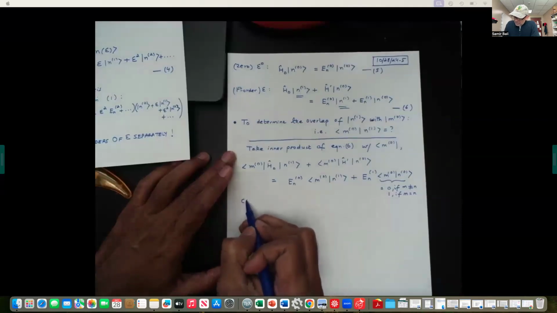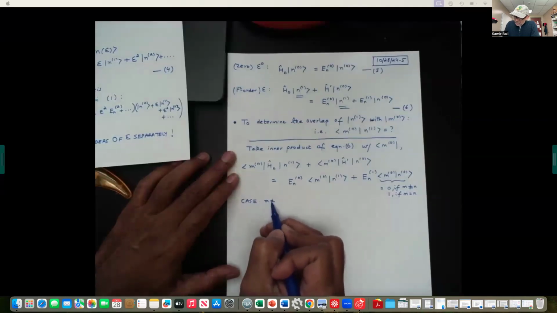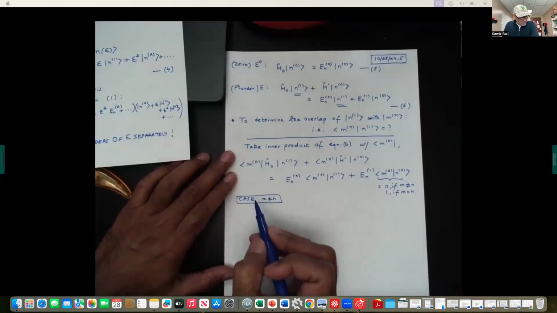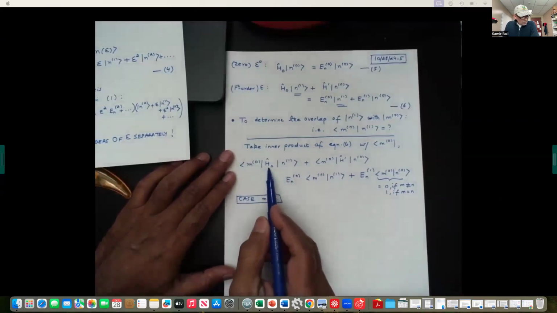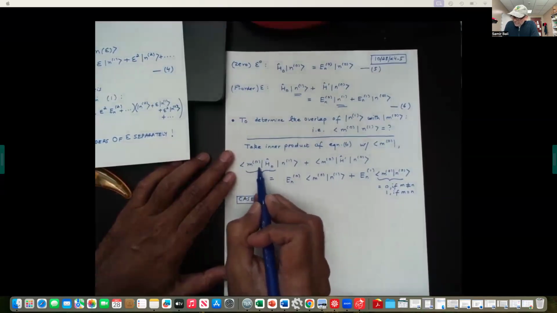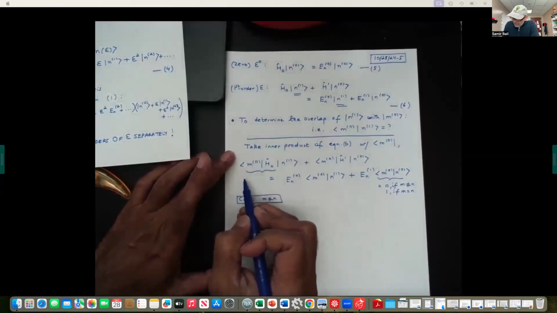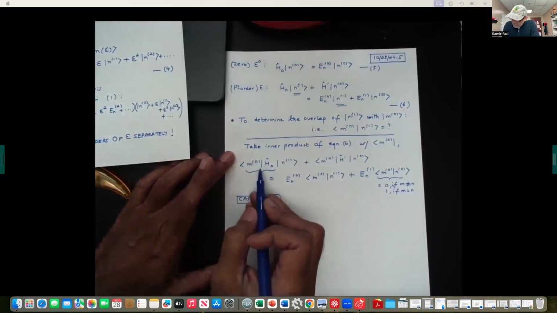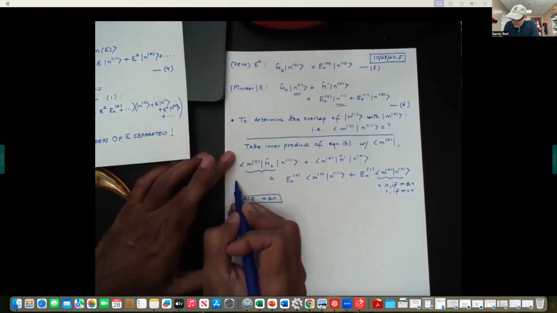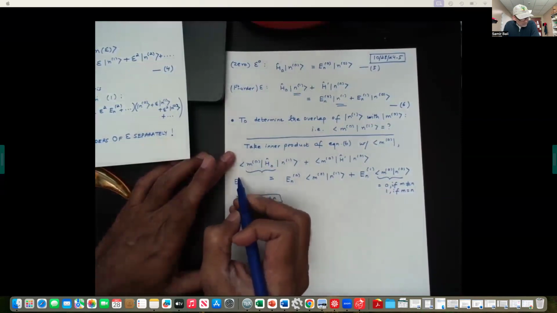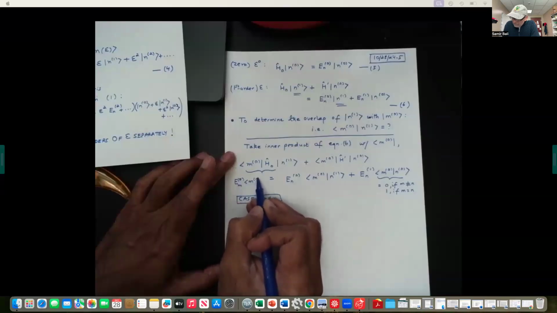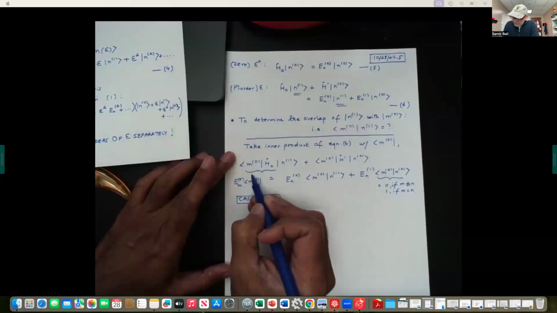Let's do the case where m is not equal to n. You'll notice that H naught is self-adjoint, its adjoint is equal to itself, so it can act on the bra, and you can write this as E M naught. You'll get just that, right?